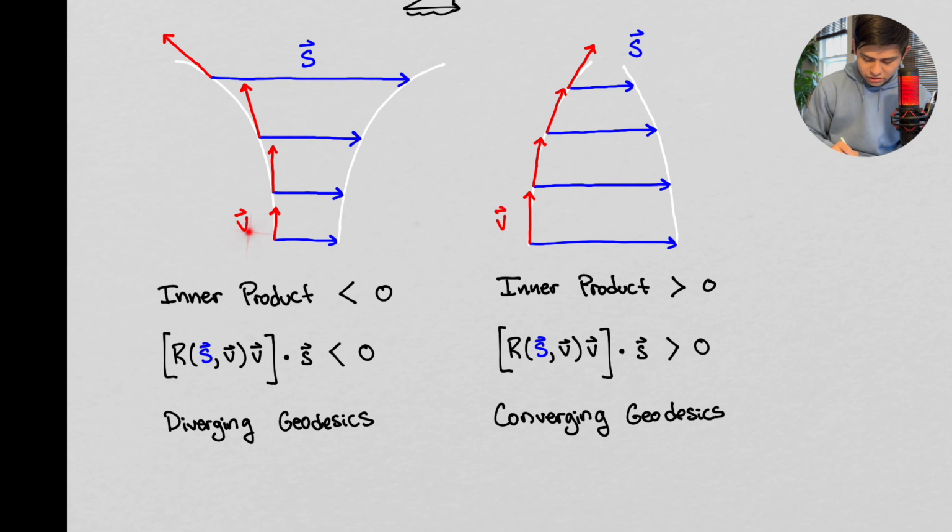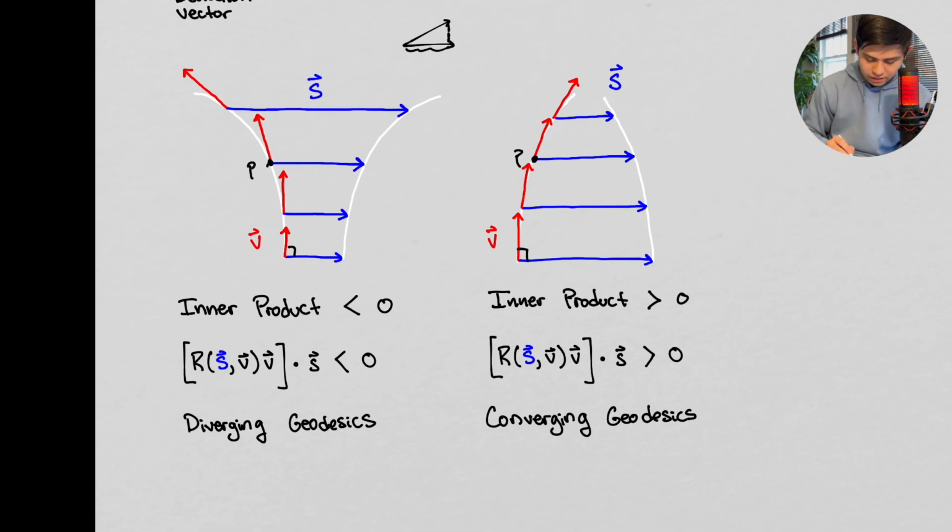Okay, both of them in these two pictures, at least initially, start at right angles. They don't necessarily have to, though. It sort of depends on where you start, right? If you started here as opposed to here, say this was the point P. This is getting a little bit too into the weeds, but the point here is that the geodesic deviation vector dotted with the S vector is going to be less than 0.